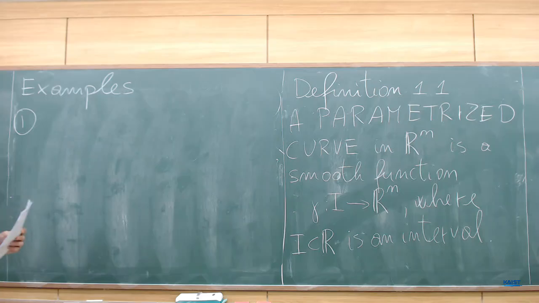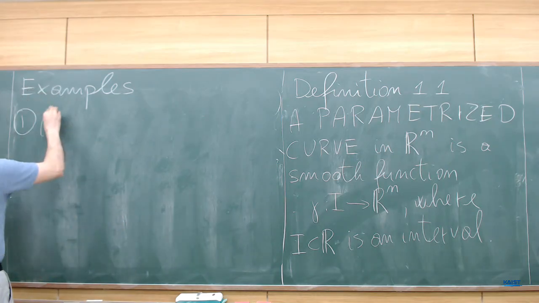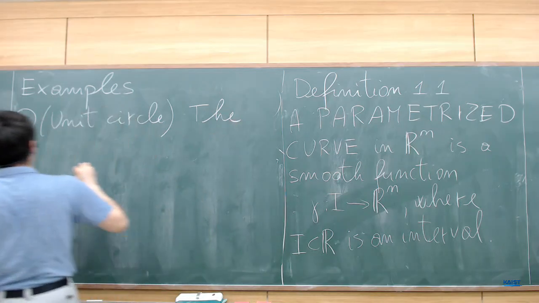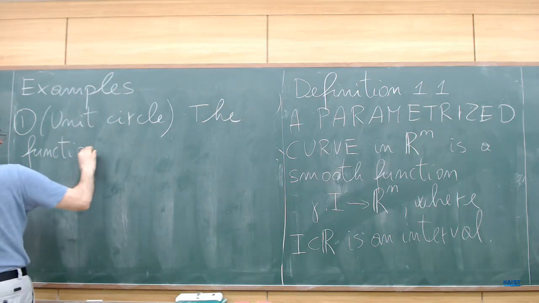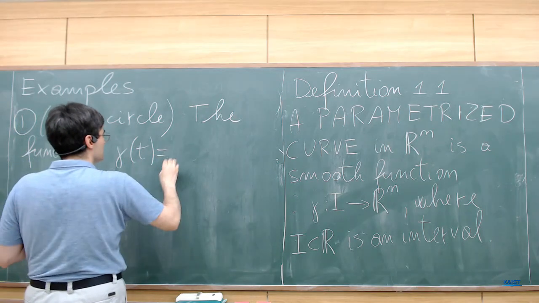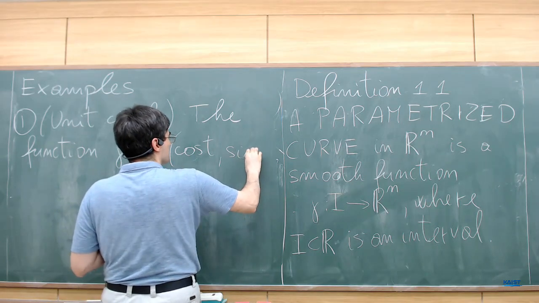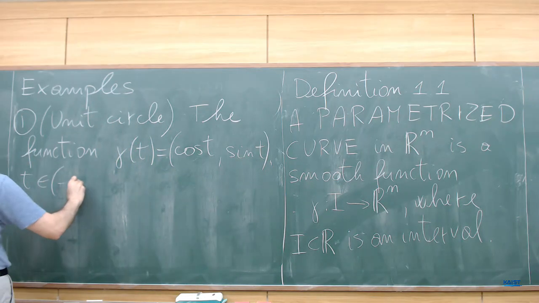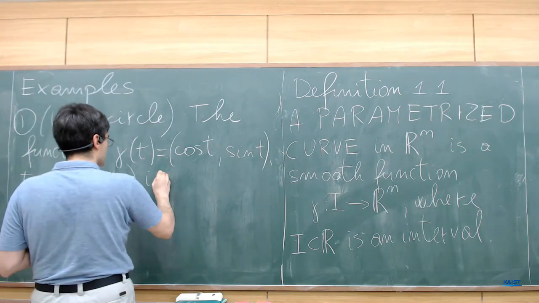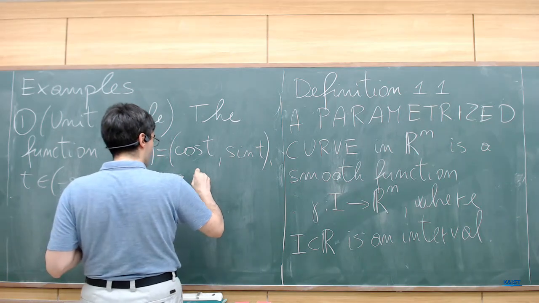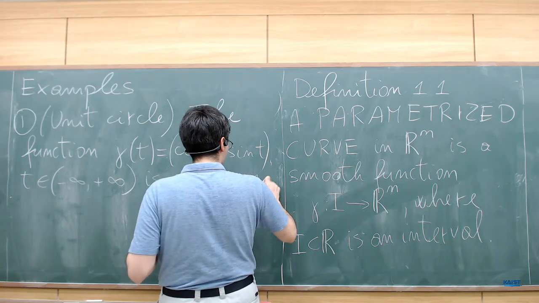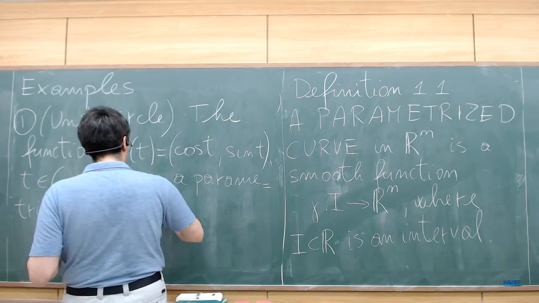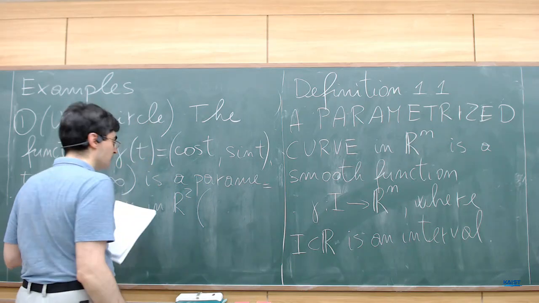First example is the example of the unit circle. So the function gamma t equal to cosinus of t, sinus of t, with t varying in minus infinity plus infinity is a parametrized curve. In R2, we call it plane curve.